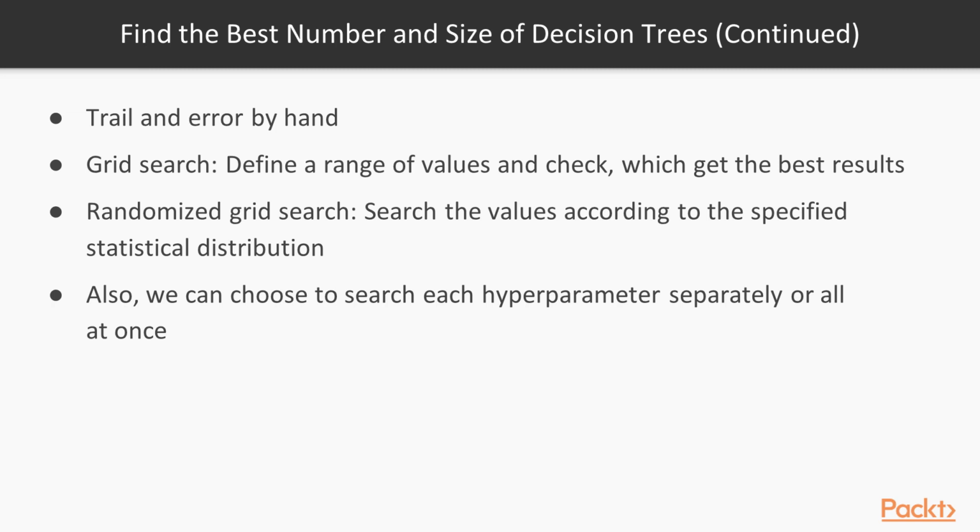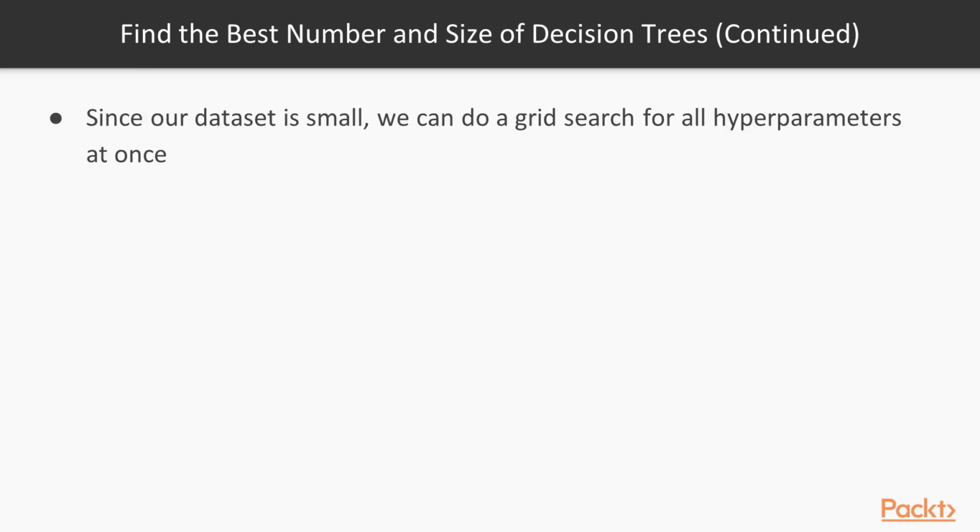We can start with testing just one hyperparameter, or we can test both hyperparameters or more. When we test more than one hyperparameter, we are testing the combinations of them. In our case, our dataset is pretty small, so we can pretty much start with testing both hyperparameters.